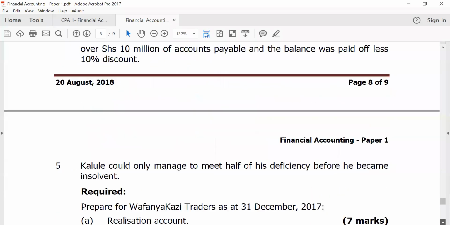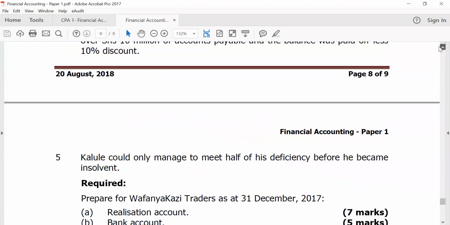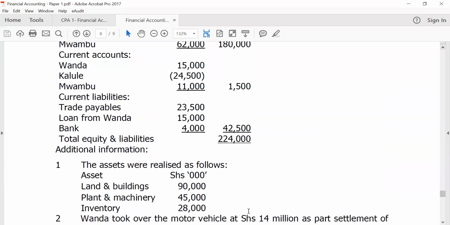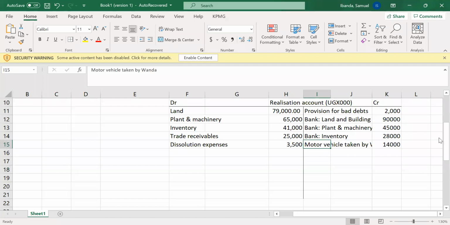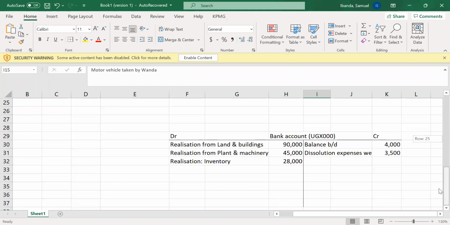Now, one of the accounts that we are drawing up is the loans account. And remember, we only have one loan, which is the loan from Wanda. So what we shall basically do is we shall go ahead to draw up the account for loan from Wanda to recognize this payment. It's more of like we are paying him.